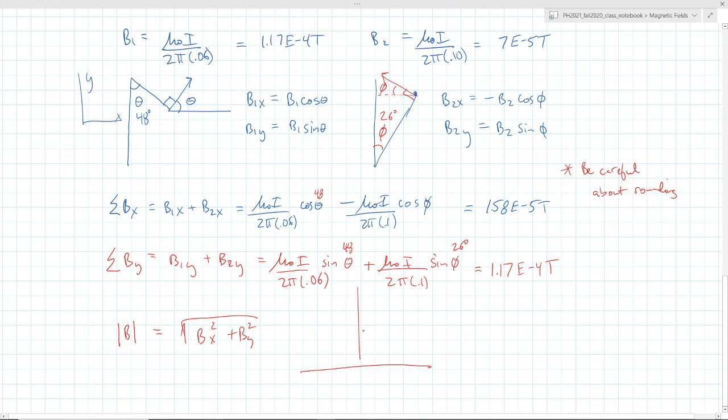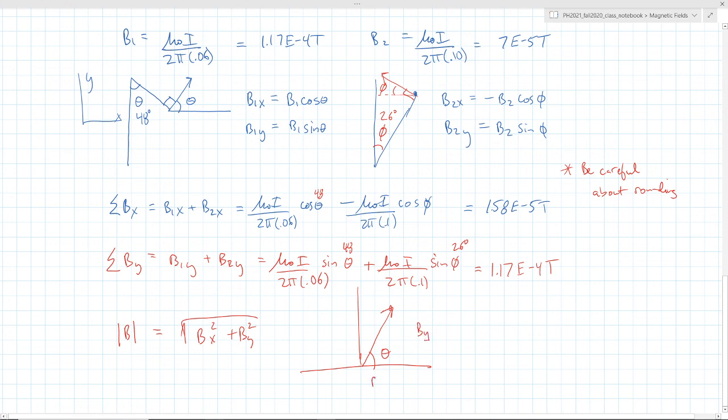So they're both positive, so we know it's in the first quadrant. The x piece is actually smaller than the y piece, so it's something like this. So we can use that to help us get oriented here.